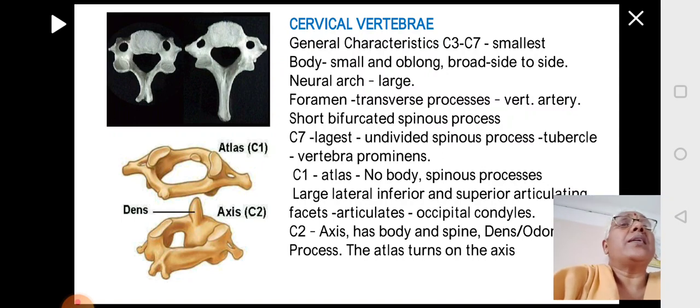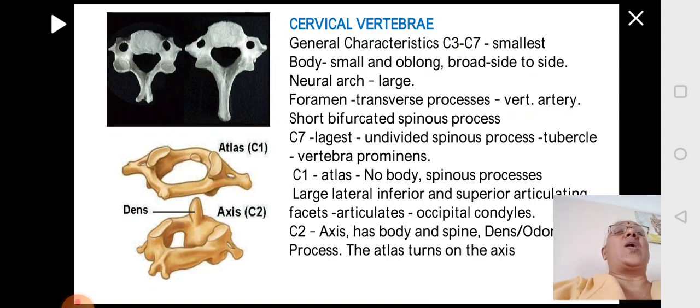So what are the characteristic features of this typical cervical vertebra, which is C3 to C7? The body is small, it is oblong in shape, it is broad from side to side, the neural arch is big, and if you look at the transverse process, you can see an opening there.